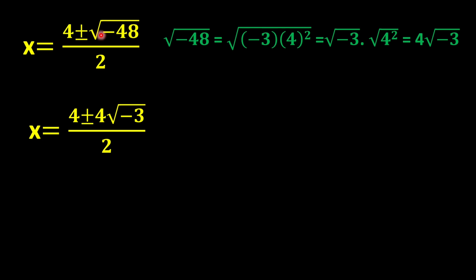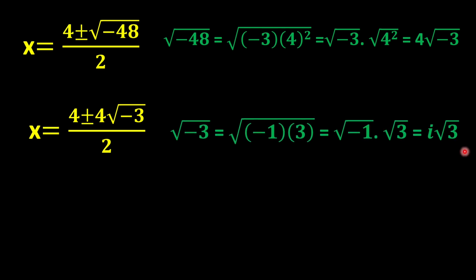So we can write under root minus 48 as 4 into under root minus 3 divided by 2. And as we have told, under root minus 3 equal to iota under root 3, so we will put iota under root 3 in place of under root minus 3.